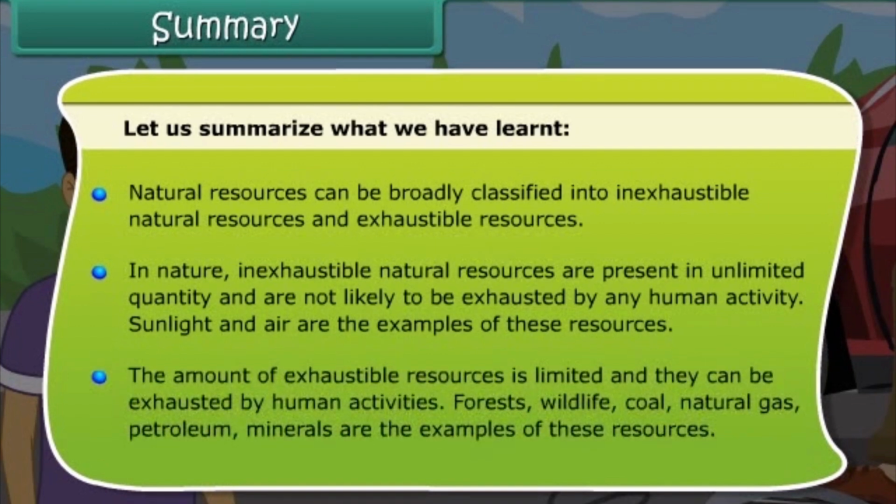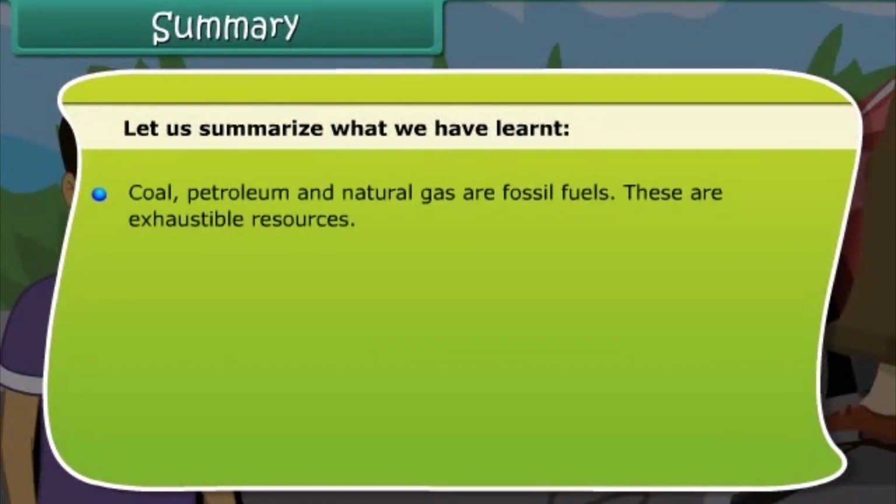The amount of exhaustible resources is limited and they can be exhausted by human activities. Forests, wildlife, coal, natural gas, petroleum, minerals are some of the examples of these resources. Coal, petroleum, and natural gas are known as fossil fuels.